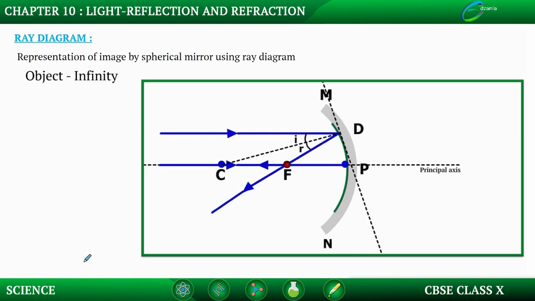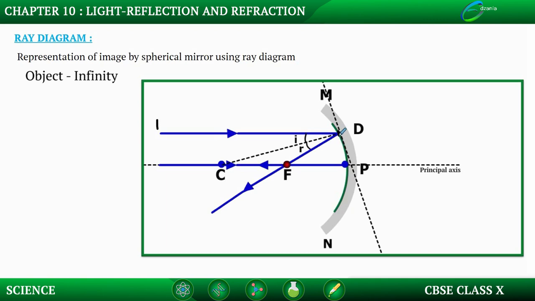Here, if we talk about the upper ray, ray 1, which is coming from infinity parallel to the principal axis, it is hitting the point of incidence D. Now we know that the rays will follow the law of reflection everywhere, so the angle of incidence has to be equal to the angle of reflection.